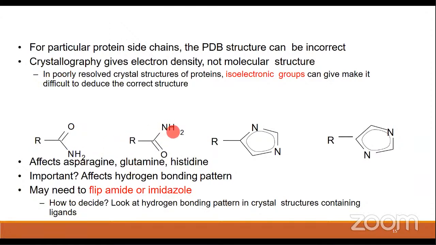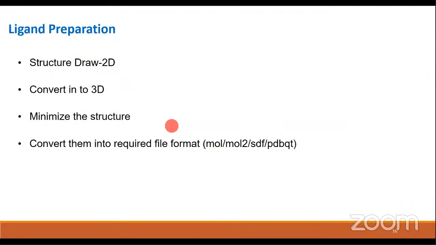Just look at these flippings. Here we have NH2 on this side, and this on the other side. If you flip it wrongly, you may miss the hydrogen bond with your ligand. In those cases, you need to be a little careful. In most cases the software will take care of it, but manually you also need to take a look at this.